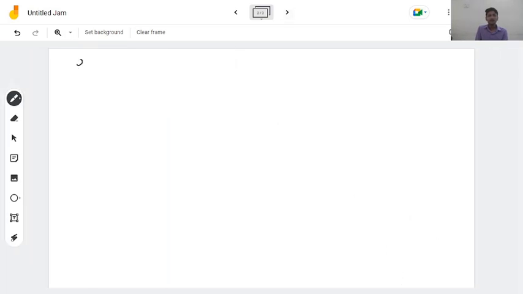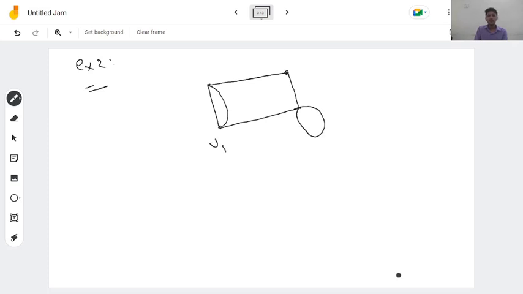So let me give you another example in which we have some multiple edges. Let this be a graph G, and these are vertices V1, V2, V3 and V4. What will be the adjacency matrix of graph G?